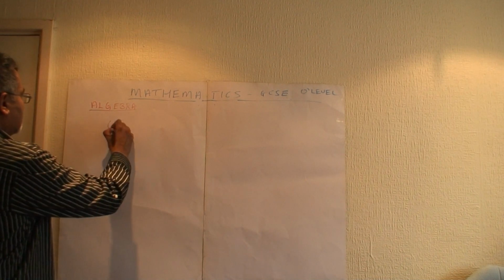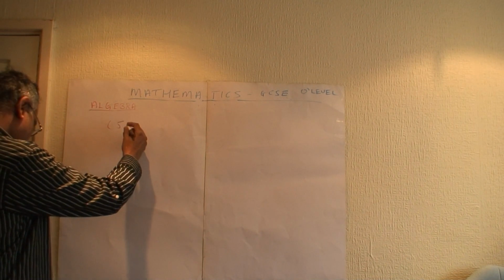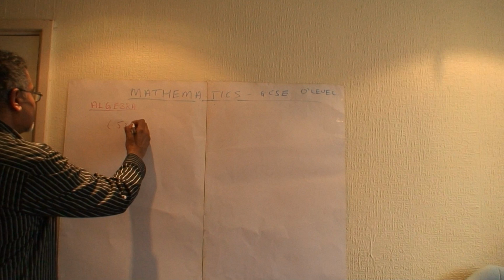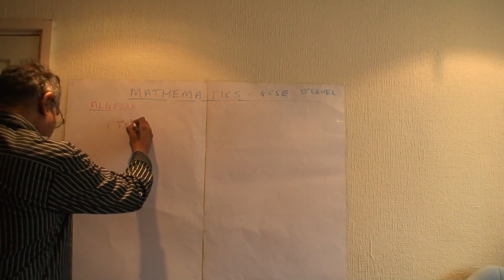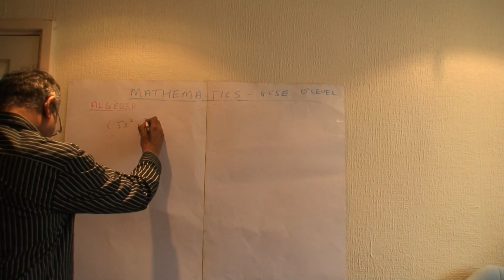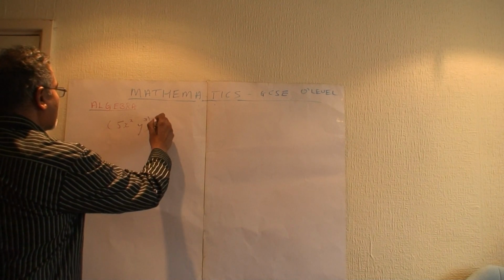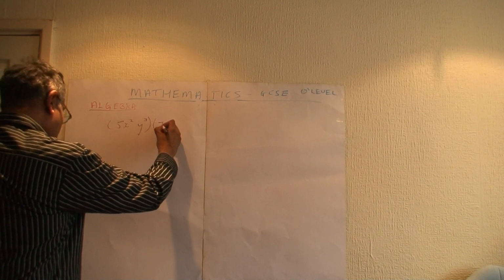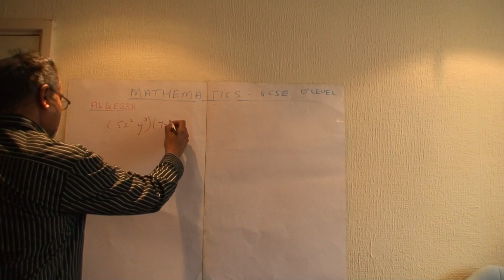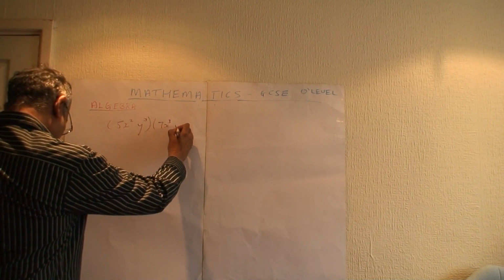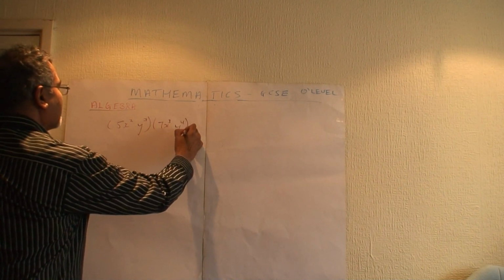Okay, we have 5x squared y cubed times 7x cubed y to the 4th power.